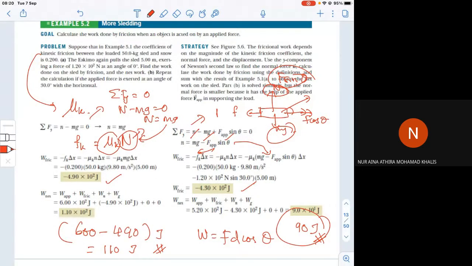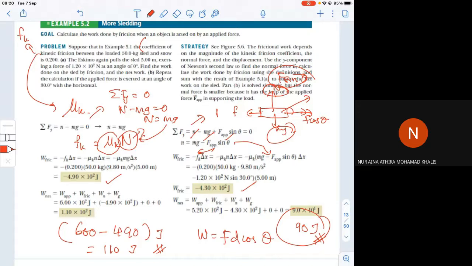When we have certain problems that involve coefficients, if you look carefully inside the question, it states the coefficient of kinetic friction. That means this is Fk. When we consider kinetic friction, it always opposes the motion, especially when the object is moving.